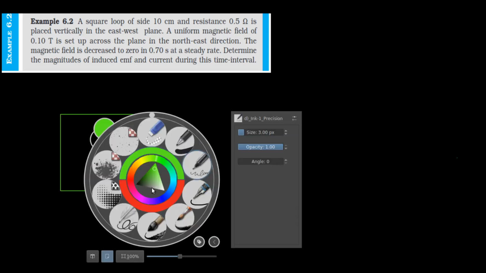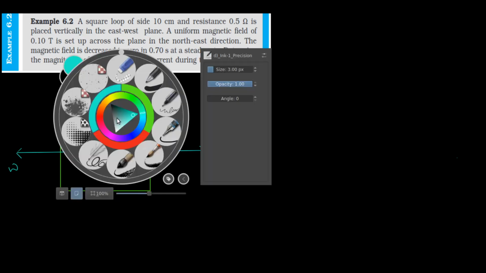So we have to begin with a square loop placed vertically along east west direction. So I'll have to decide the east west directions now, right? So let's say this is my west and all the way towards this is the east.